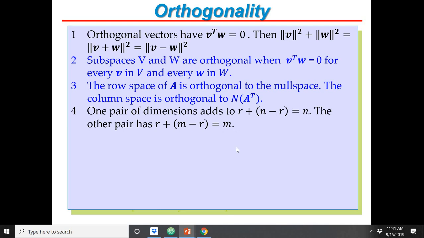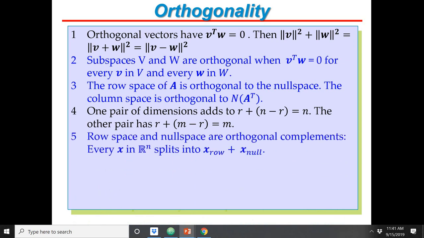This is what we call orthogonal complements. If the row space and the null space are orthogonal complements, every vector in Rn can be split into two vectors, one that lives in the row space and one that lives in the null space.